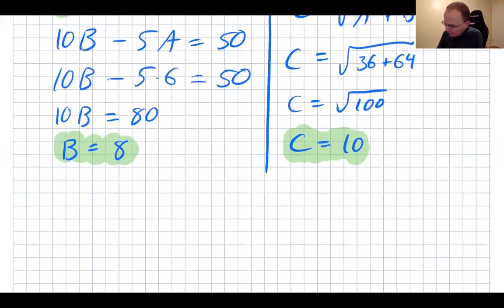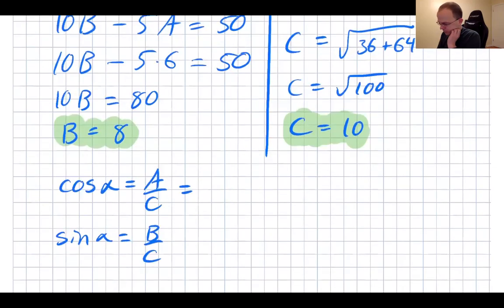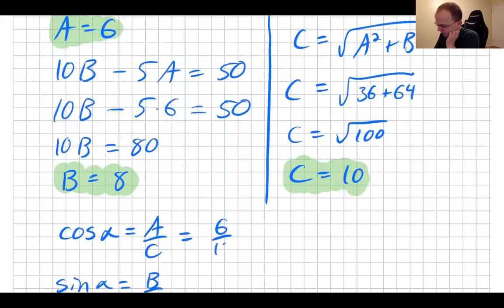And then finally, we need to compute alpha. So we have cosine alpha is A over C, and sine alpha is B over C. So cosine alpha will be 6 divided by 10, which is going to be equal to 3 over 5.